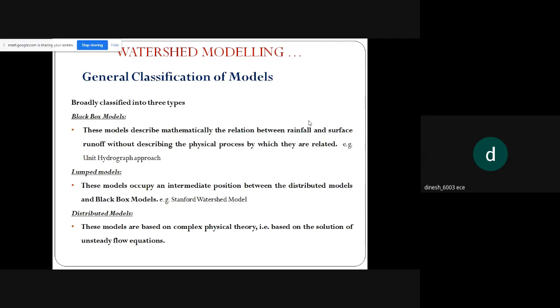The lumped models occupy an intermediate position between distributed models and black box models, example Stanford watershed model. Next is the distributed models. These models are based on complex physical theory, that is, on the solution of unsteady flow equations.